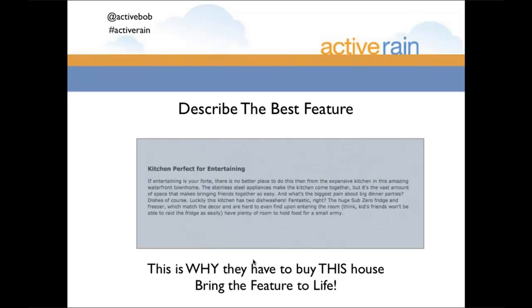You could have dinner parties, and it'd be the best thing, and you get stainless steel appliances and lots of space for storage, and big fridges, and you want to paint that picture again, reinforcing what it would be like to live in this house around that feature. This is the why, right? Why do they have to buy this house?